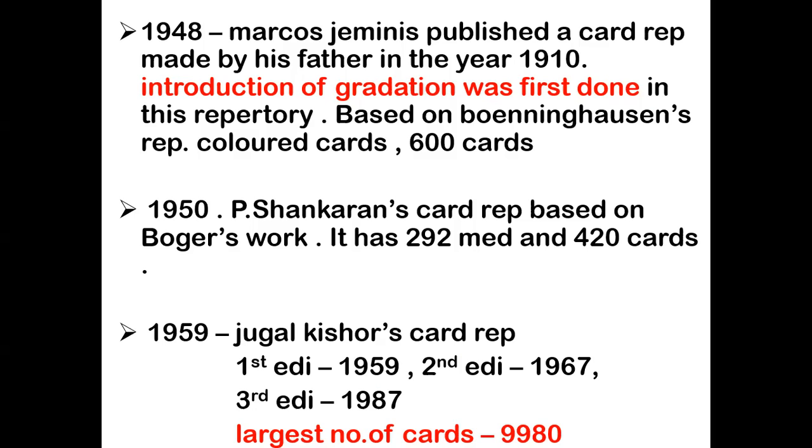So again, it's an important question: which is the largest card repertory, or the repertory containing the largest number of cards? And please go through the editions: first edition 1959, second 1967, and third edition 1987. Jugal Kishore's card repertory was first published in 1959.